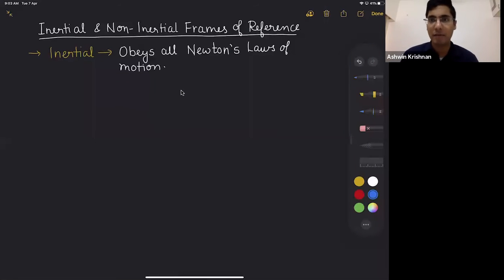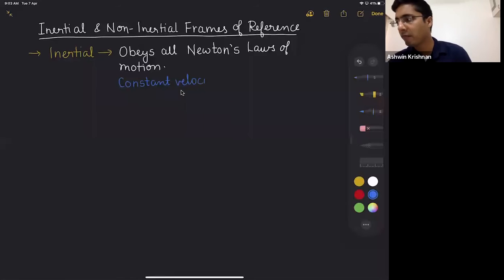Usually, an inertial frame of reference is one that is at constant velocity or at rest. Frames of reference, observers who are at rest.